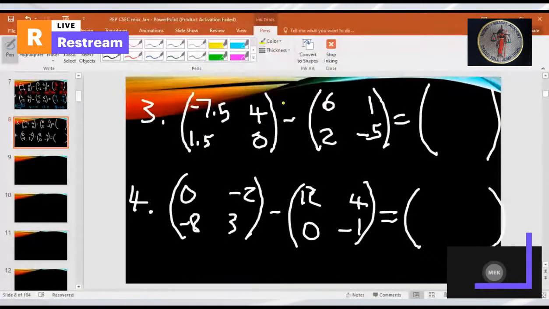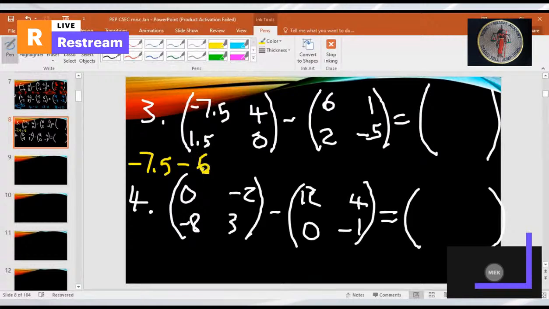So in this column, we have a negative 7.5, and we are subtracting 6. With a negative number, and you're subtracting, you're moving to the left on the number line. So it's the same as adding the digits, and the answer is negative. Negative 7.5 plus 6 is negative 13.5.